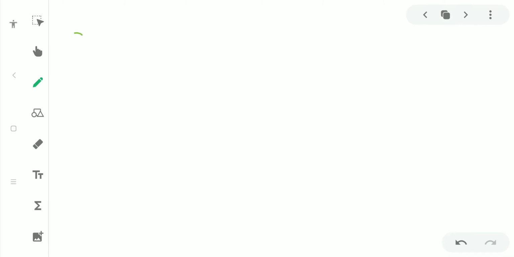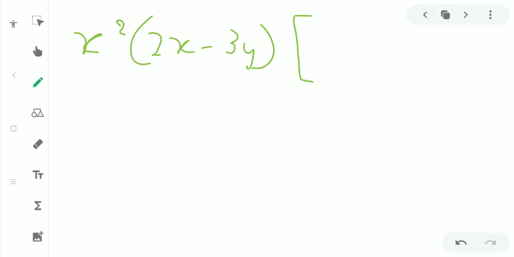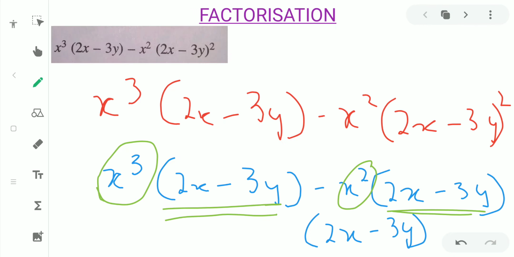So x square into 2x minus 3y. What is remaining: x cube divided by x square gives x power 1, nothing but x.